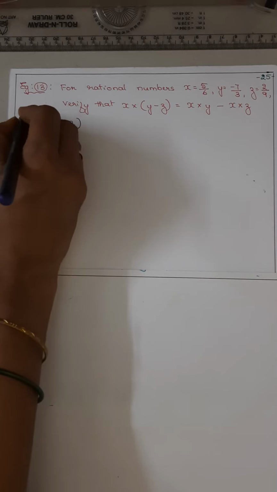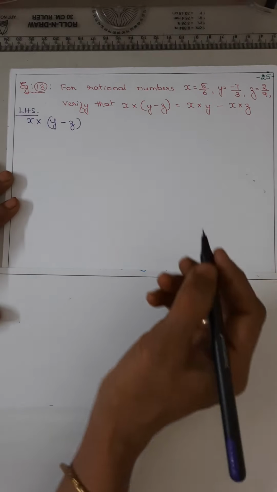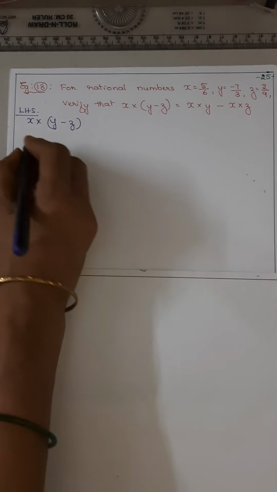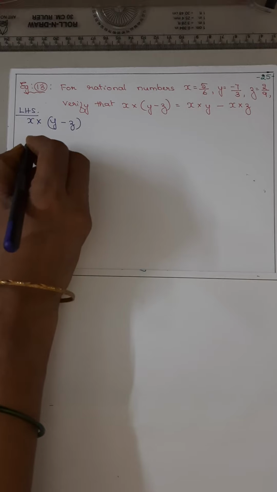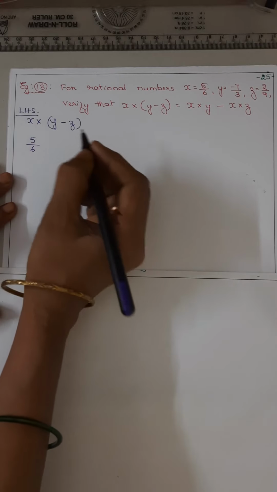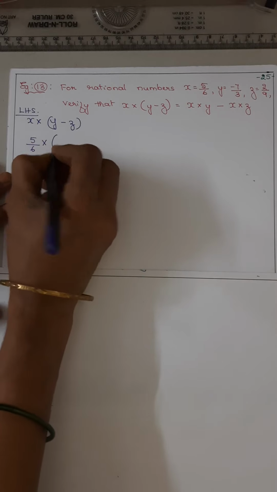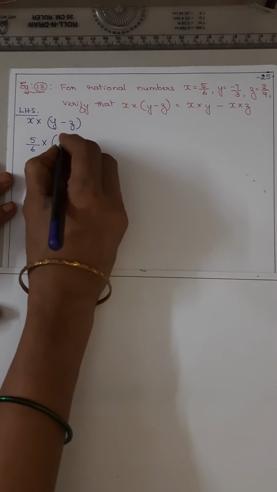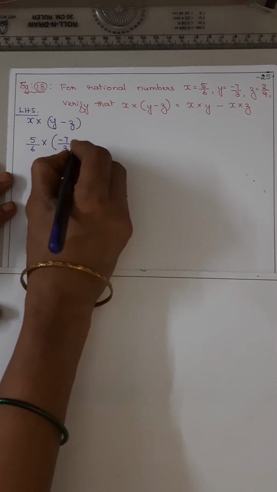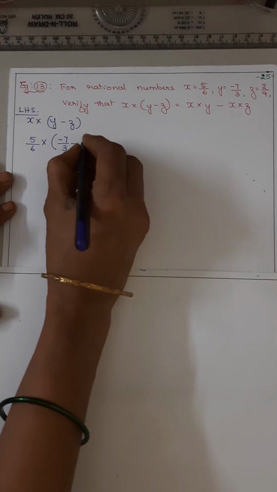This is the LHS. Put the value, x का value आएगा 5/6 into bracket open minus 7/3 minus 2/9.